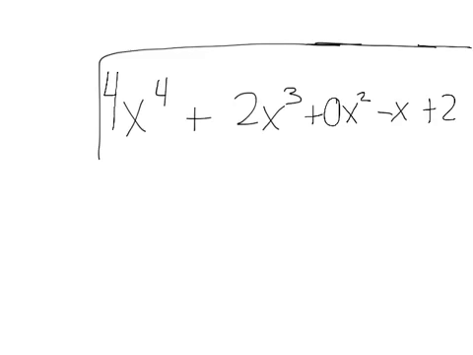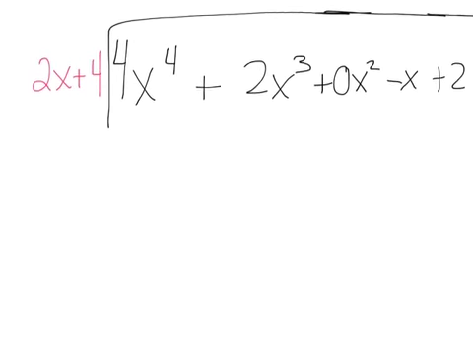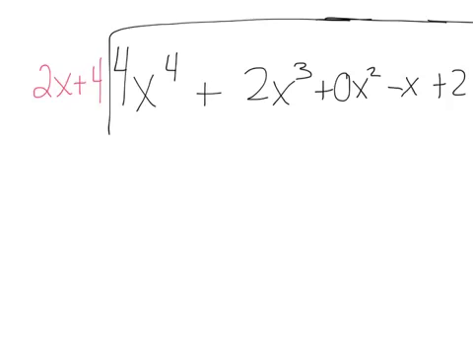And then let's make this 2x plus 4. Or you know what? Let's make it even harder. Let's put something in front of it instead. Let's make that a 3.